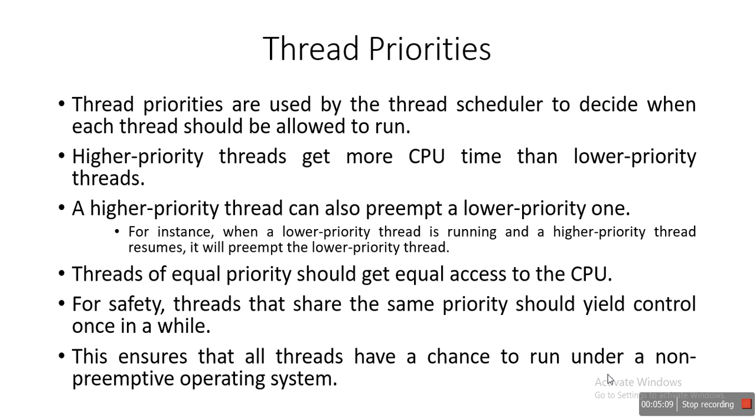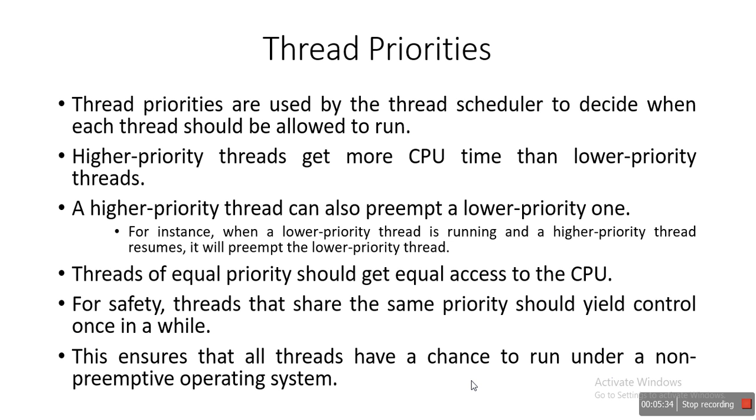Meaning at least one thread should get the CPU time. That is the meaning of yielding control once in a while: each and every thread should get CPU time at least once in its lifetime. This ensures that all the threads have a chance to run under a non-preemptive operating system.